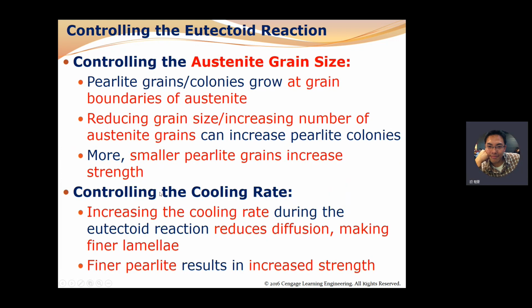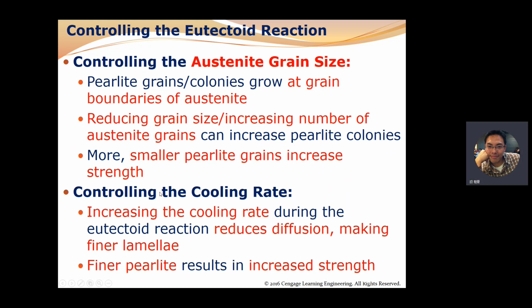So controlling the eutectoid reaction means controlling the austenite grain size. Pearlite grains or colonies grow at grain boundaries of austenite. Reducing grain size or increasing the number of austenite grains can increase the pearlite colonies. More smaller pearlite grains increase strength. The other important factor is to control the cooling rate.